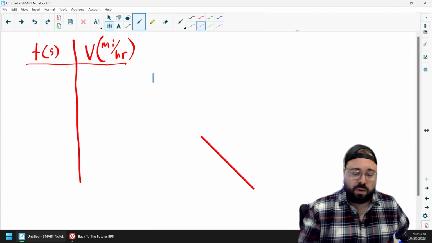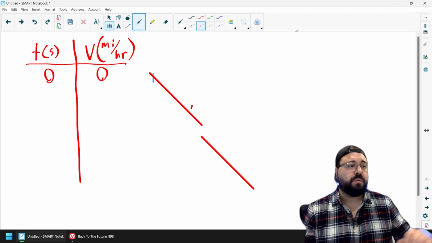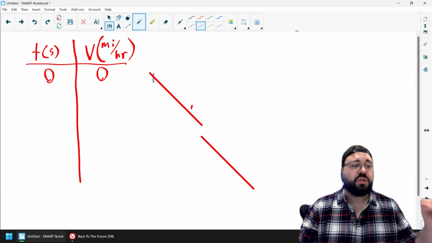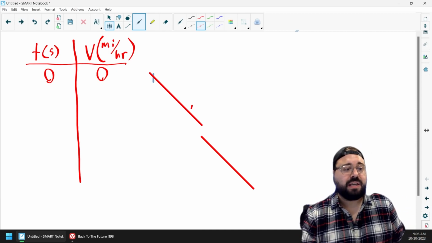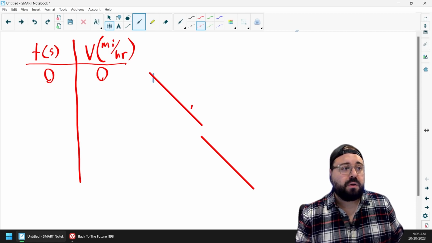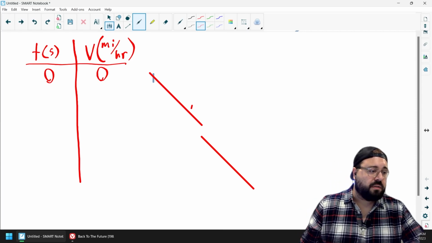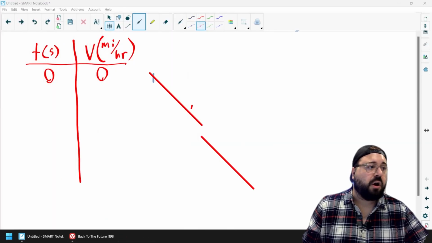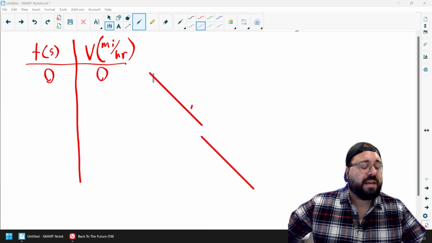So we're obviously going to have our first point of 0 and 0. At 0 seconds, we are at 0 miles per hour. We're defining that point because we're saying, I'm going to start my stopwatch when the car has a speed of 0 miles per hour and starts increasing that speed. So now, I've actually gone through the video and picked some moments in time where we can see the speed of the car.